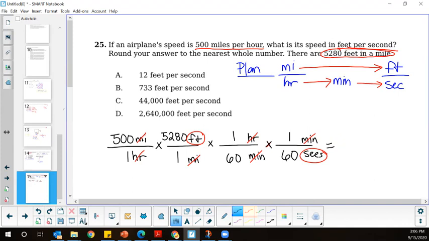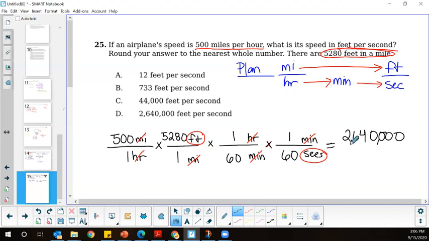Go ahead and multiply these ratios or fractions straight across. Multiply all the numerators together and then all of the denominators. So when I multiply 500 times 5,280, I get this nice big number here, 2,640,000.